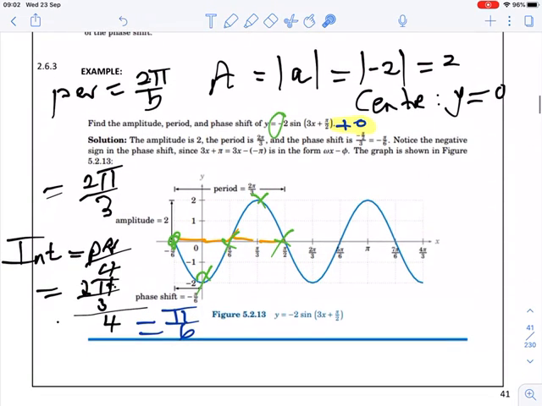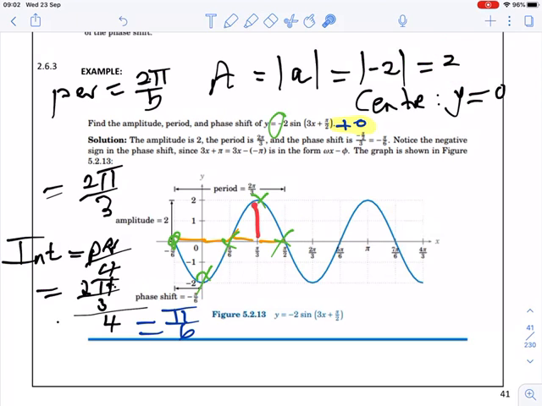If we look here at this example, again, there's a +0 there, telling us that the central position is at 0. So in this case, it is on the x-axis. And then the amplitude must be the absolute value of A, which is the -2. So it's the absolute value of -2, which should then be 2.